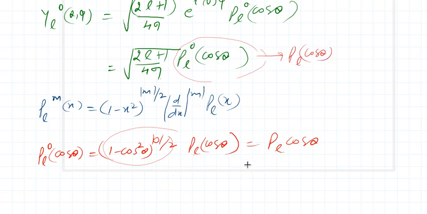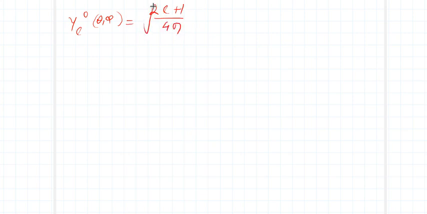So that means if I put its value here, then Y_L0(theta, phi) will become what? It is equal to the square root of (2L plus 1) over 4 pi, times P_L(cos theta).